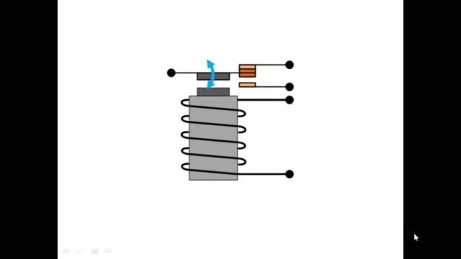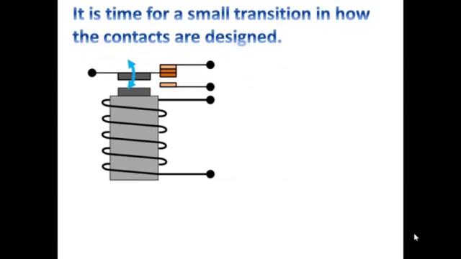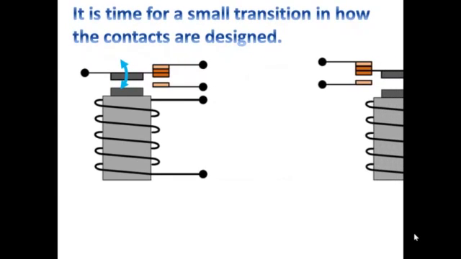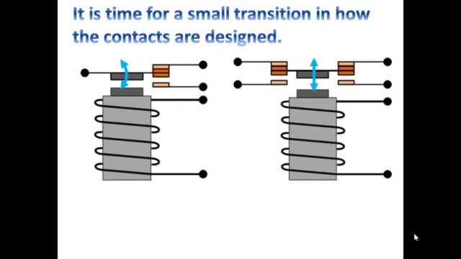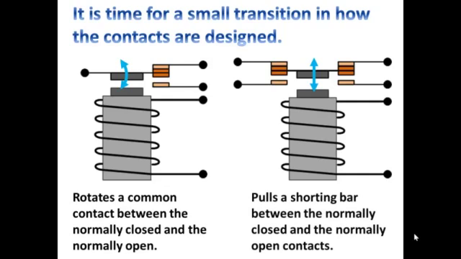It's time to make a transition in our actual physical device. This is the original contact relay design. However, most popular industrial relays have a slightly different design. The difference between what you see on the left and the right, you see that there is no common contact on the right.